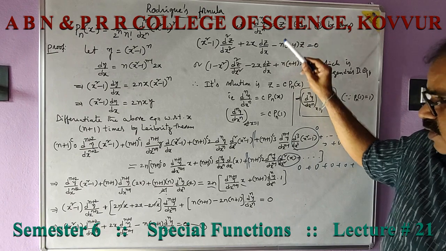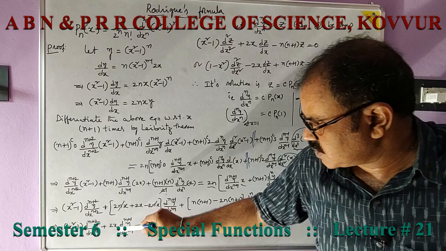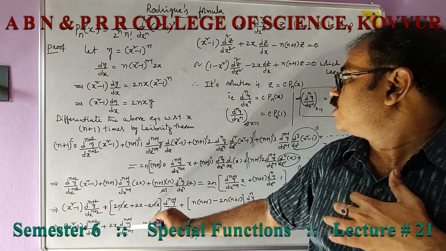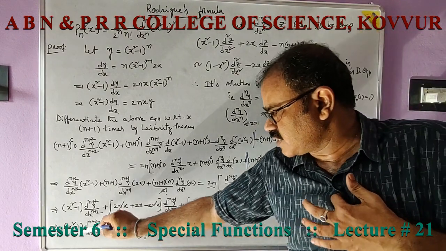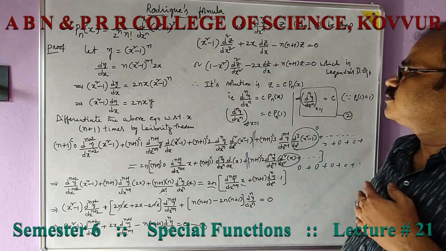We assumed that. Therefore, this is n into n plus 1 into z. This is plus 2x into d by dx of z. This is x square minus 1 into d square z by dx square.